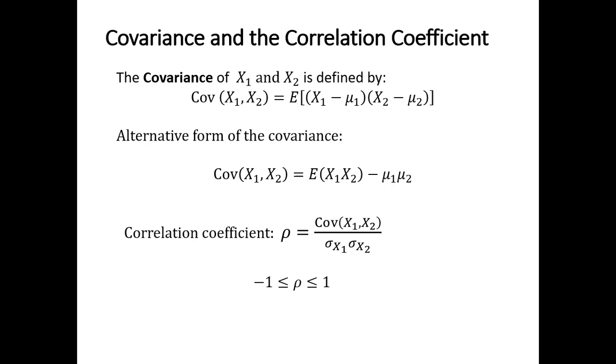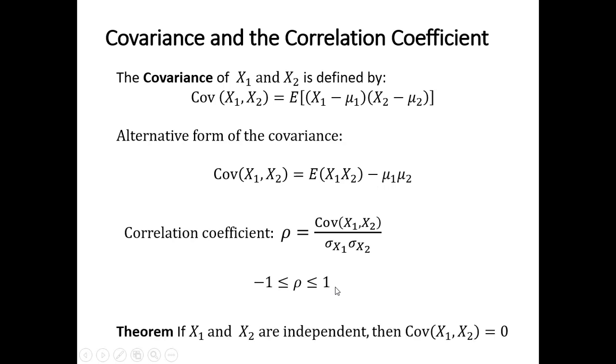But you can see here, the correlation coefficient is always between -1 and 1. That's because down here we're dividing by the standard deviations, so you might say that this gets normalized to some value between -1 and 1.